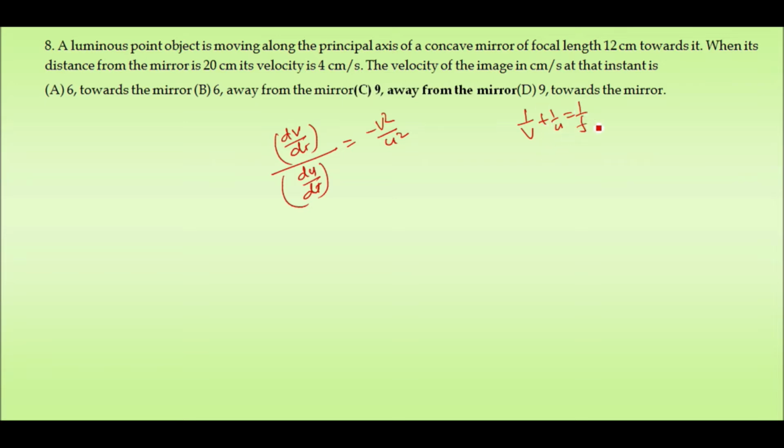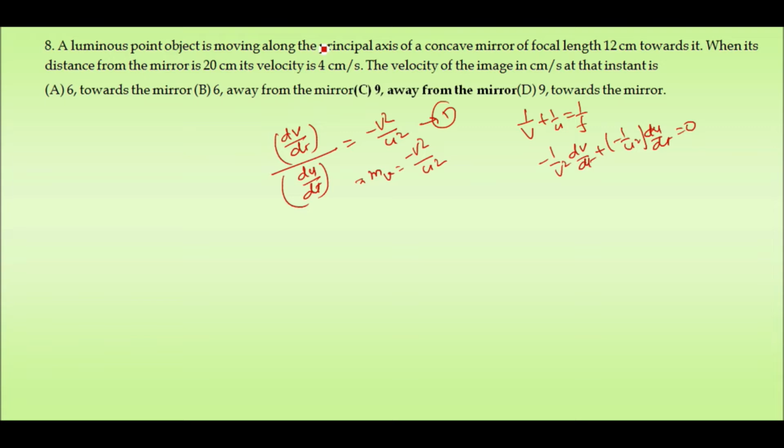Differentiating with respect to time, considering focal length as constant, we get minus v square dv by dt minus u square du by dt equal to 0, and in this way we get this formula. This is called the velocity magnification, that is mv is equal to minus v square by u square.